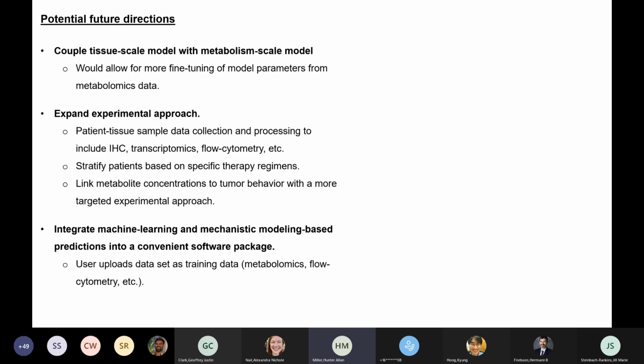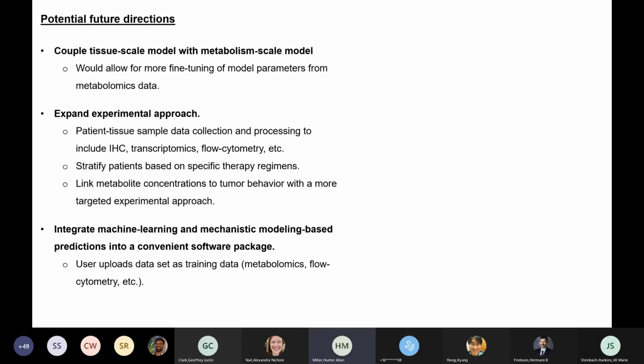With a large enough patient population, we could stratify the patients based on specific therapy regimens, which would be useful when validating the model predictions. And longer term, we could also test how different concentrations of metabolites are related to tumor behavior with a more targeted experimental approach, which would increase our confidence in how the metabolite levels are linked to the specific model parameters.